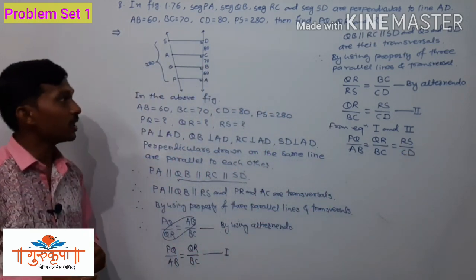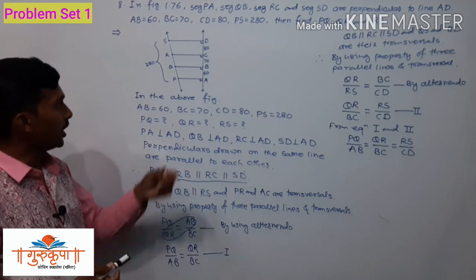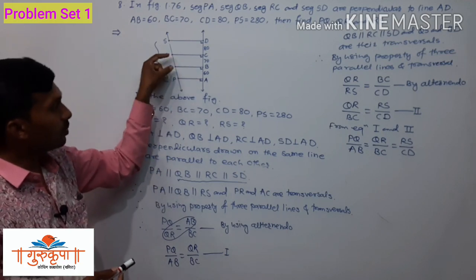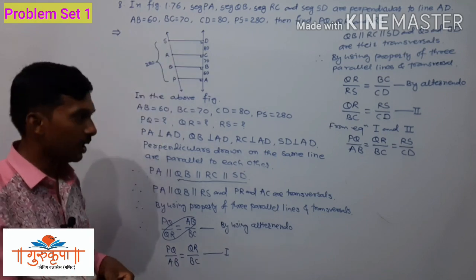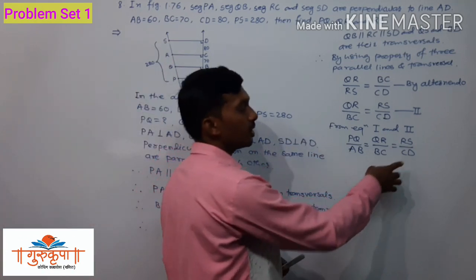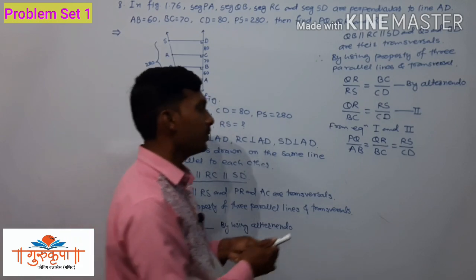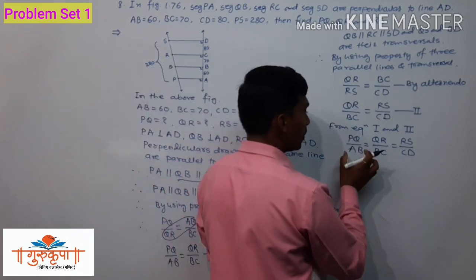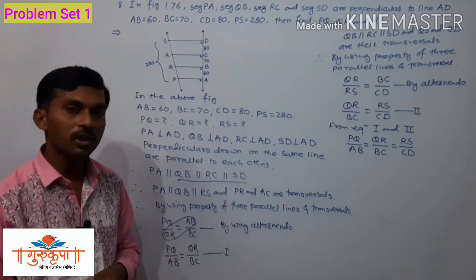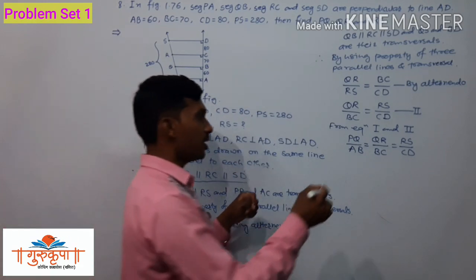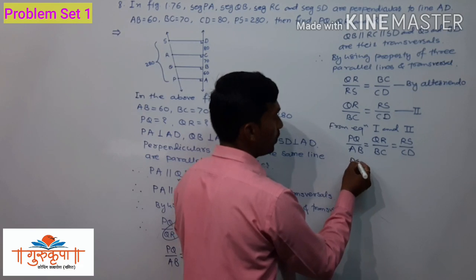All the three ratios are equal to each other. And now, by using the theorem of equal ratio, simply we can write, see, we proved that all the three ratios are equal. That is PQ upon AB is equal to QR upon BC is equal to RS upon CD.